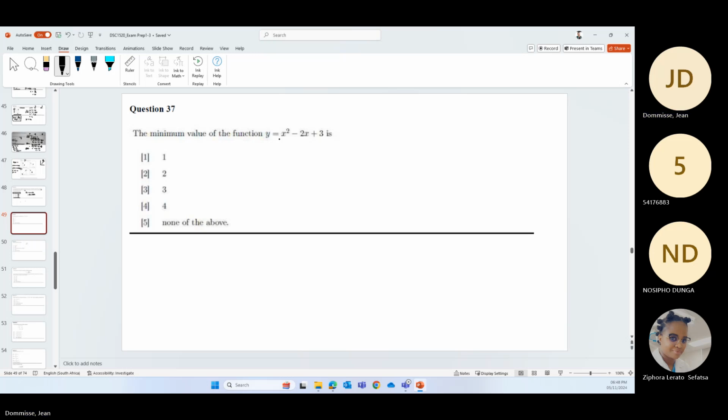So we've done, in chapter 3 or 4, we looked at quadratic functions. In quadratic functions, we said if we look at that quadratic function, the minimum value will be at that turning point. Okay, so then we can work out that turning point where x is equal to minus b over 2a.